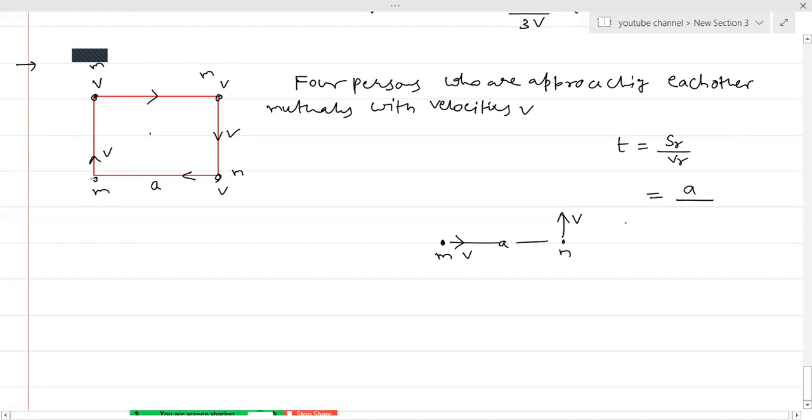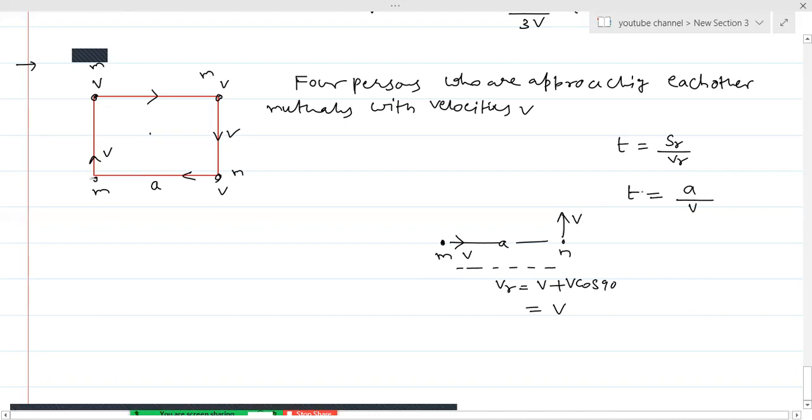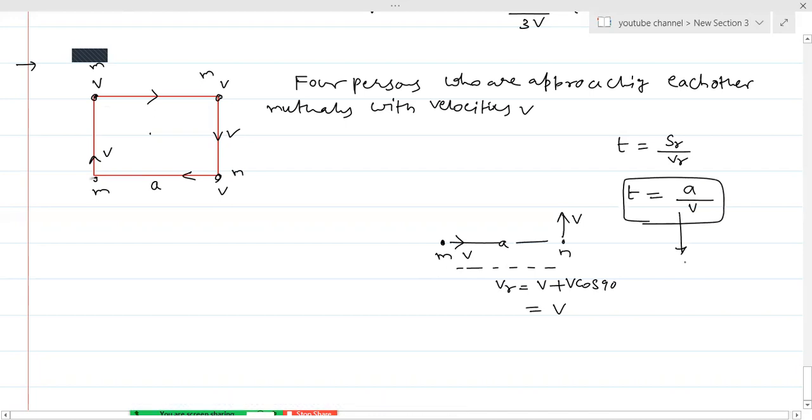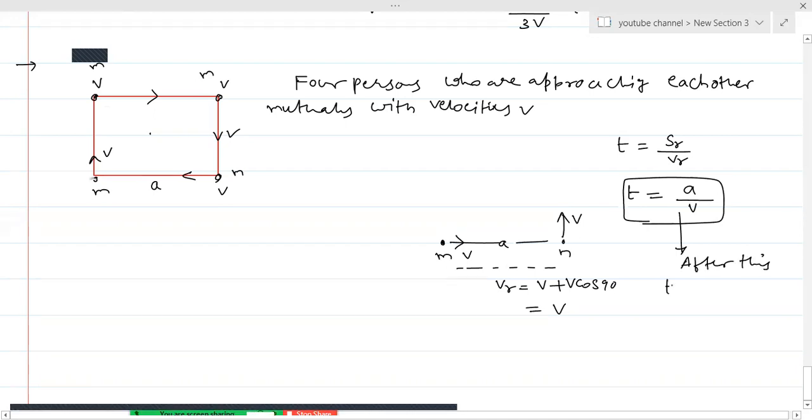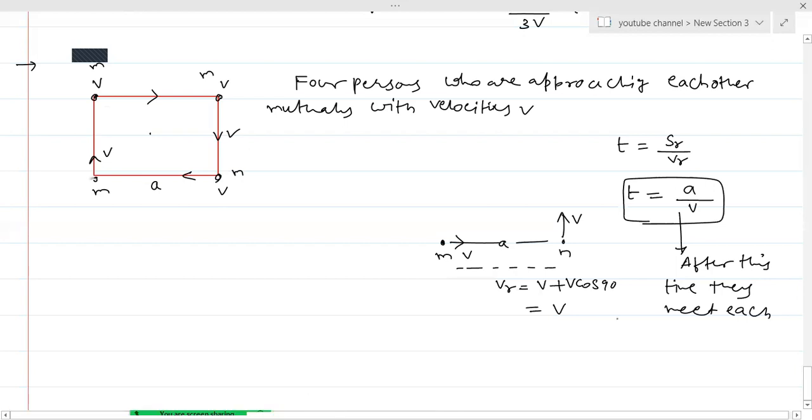Relative separation is a, and in the horizontal direction the relative velocity is v plus v cos 90, that is nothing but v. So after the time t equal to a by v, they meet each other.